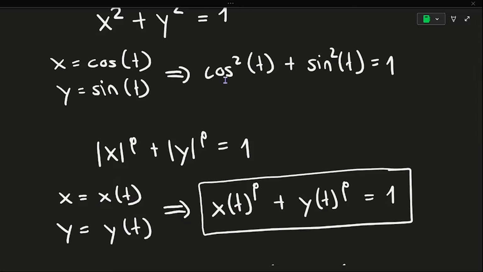That means the equivalent equation in the p-norm would be this one here. Here it's very subtle, but the absolute values can drop. They are necessary to graph a p-circle in a graphic calculator, but here, because p is greater or equal to 1, it is positive anyway.